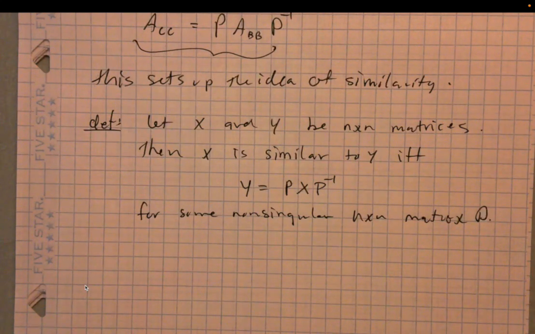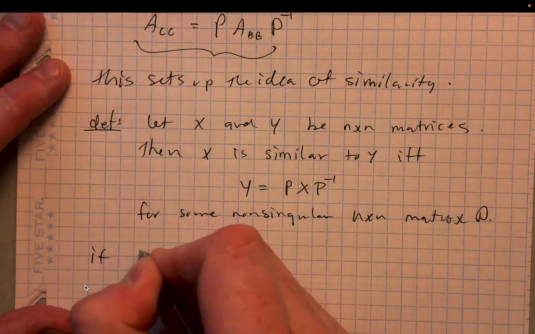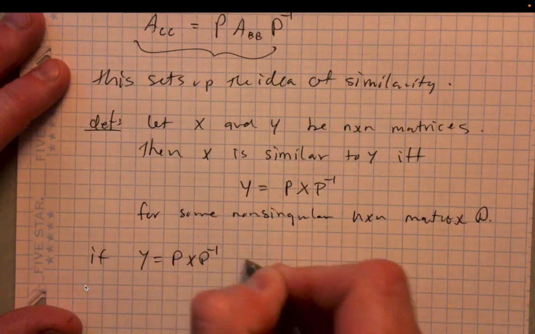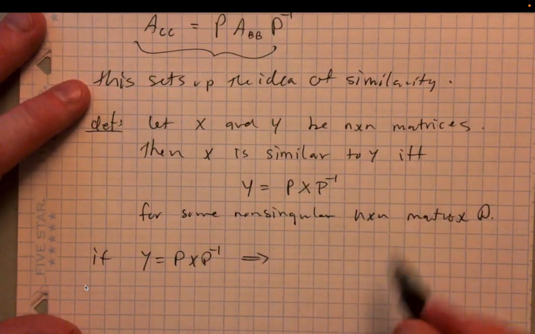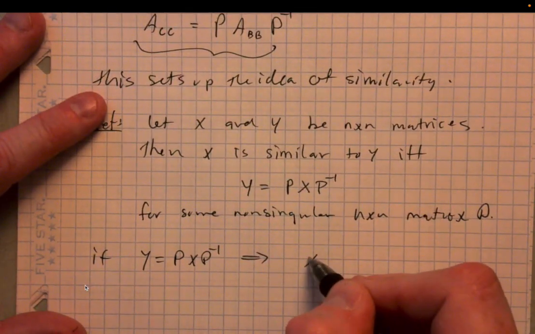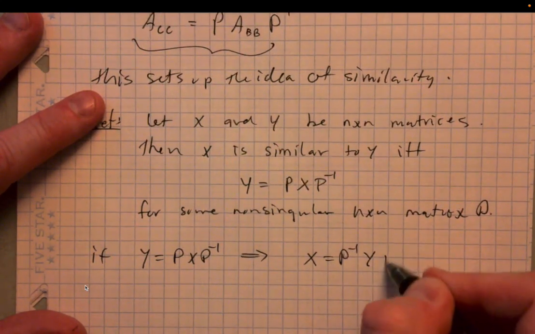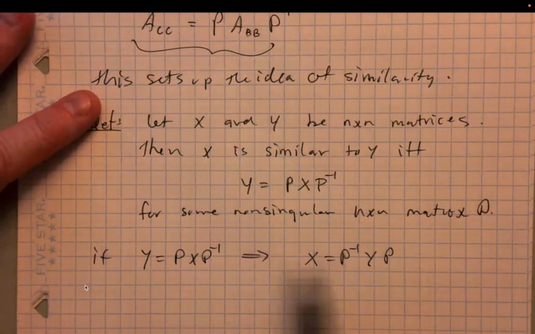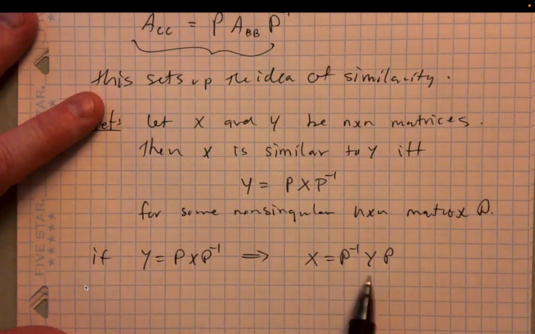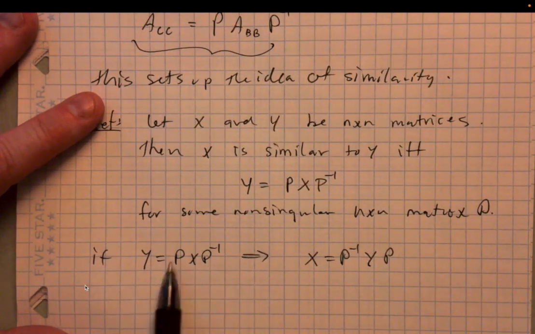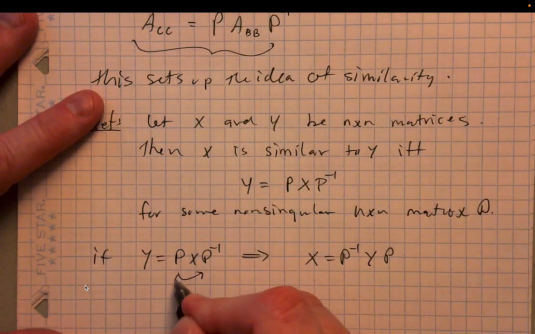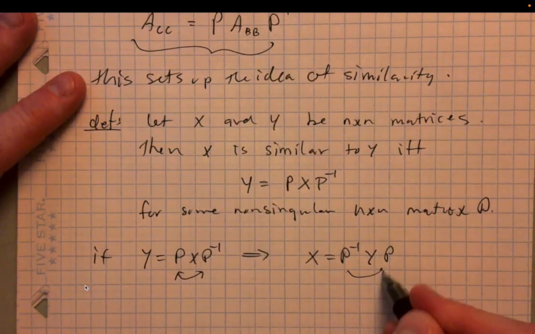Now, notice this is hopefully obvious, but you should be able to see that this relationship is reciprocal. If Y equals P X P inverse, then X equals P inverse Y P. All that matters here is that P and P inverse are inverses of one another, which is obviously true here as well.